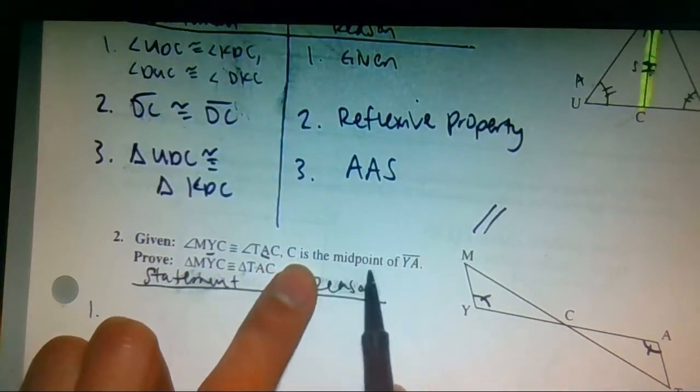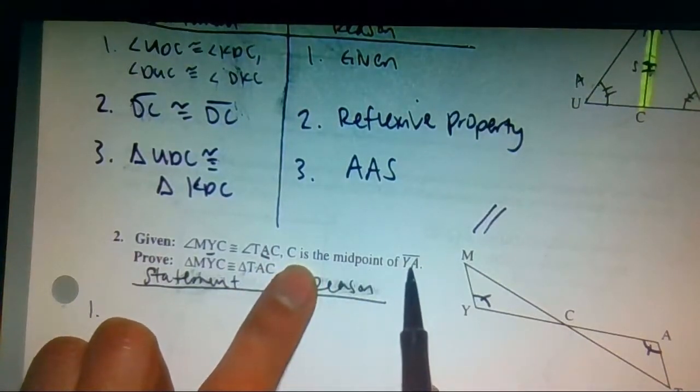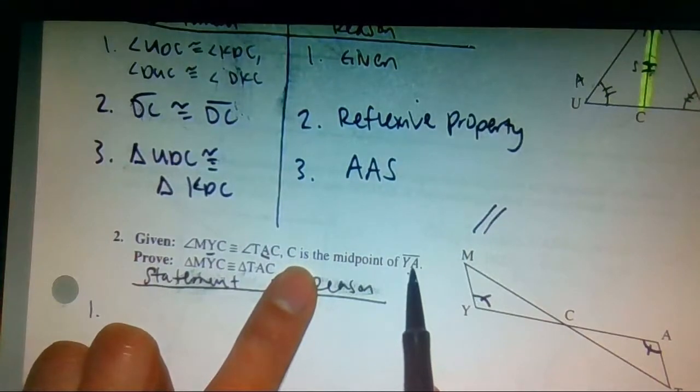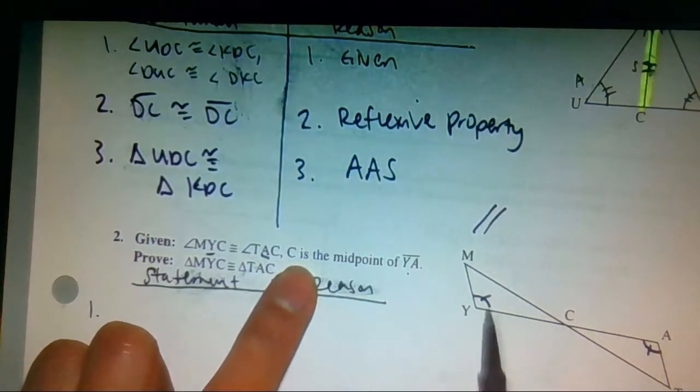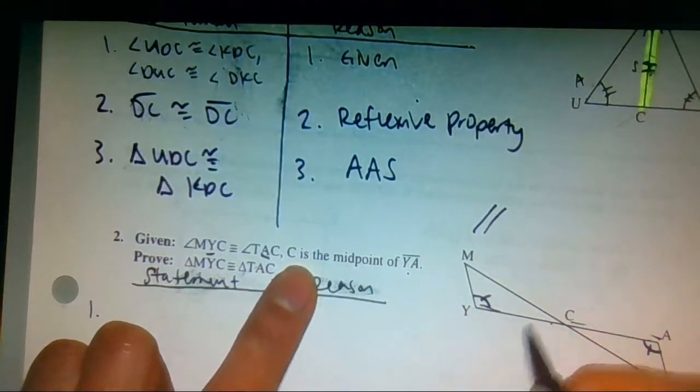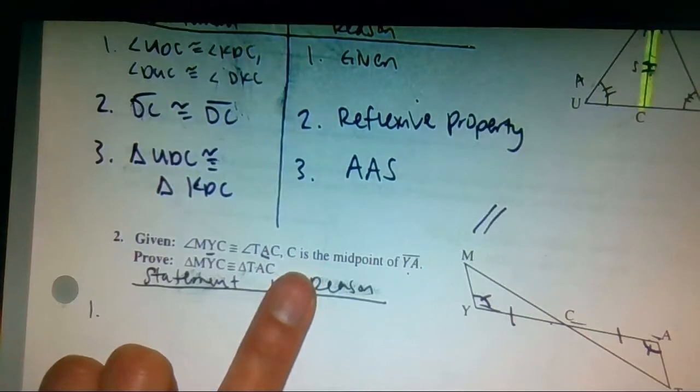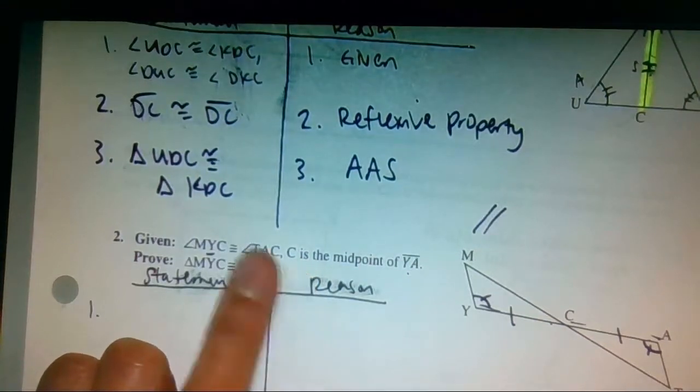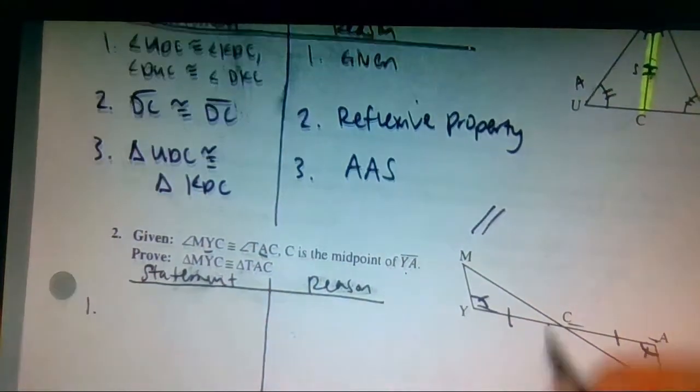C is the midpoint of YA. Is that a segment or an angle? Segment. So I need dash marks, not angle marks. So here's YA. What's true about YC and CA? So I need to mark it like this. Okay. What's my third piece? Vertical angle. Good. So I need to mark that as well.